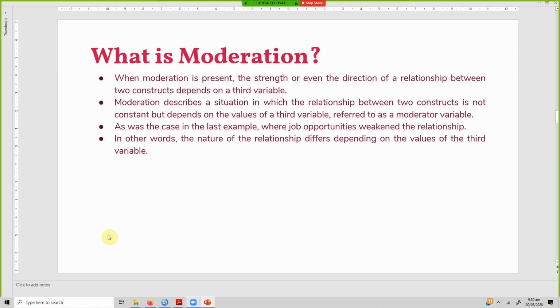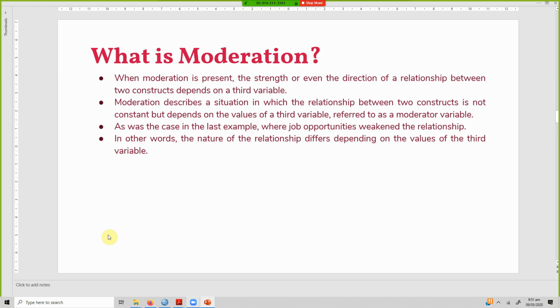But this existing relationship might be changed because of a third variable. A third variable might weaken this relationship, for example, if there is higher task conflict, or there might be role stress, or higher task complexity within the job. So these other variables can modify this existing relationship and could weaken it.